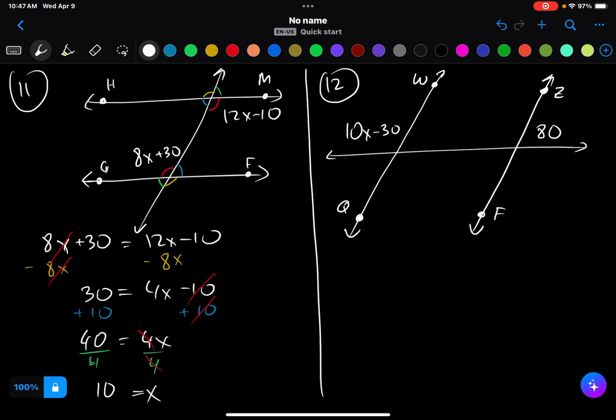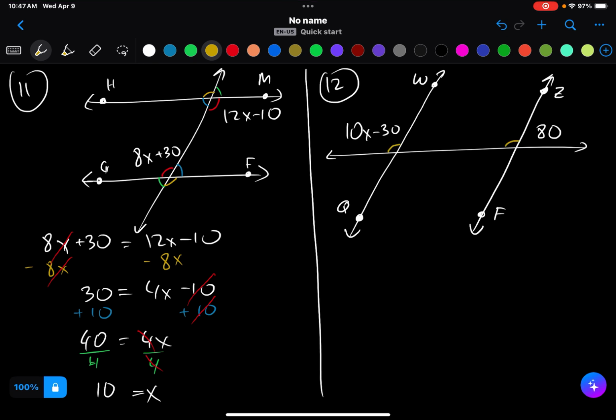Now, these two angles are not corresponding. These two angles are not interior. They are exterior angles, but they're not alternating. They're both up, which means none of the theorems that apply to two parallel lines being split by a third one apply here. So what do we do? Well, this angle and this angle are corresponding angles, right?